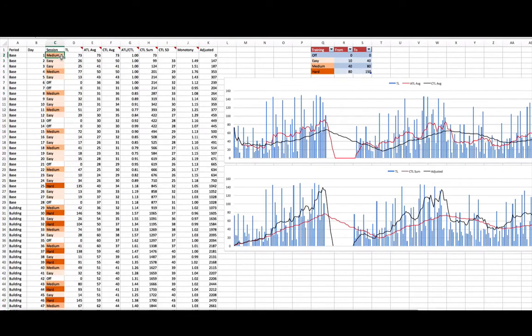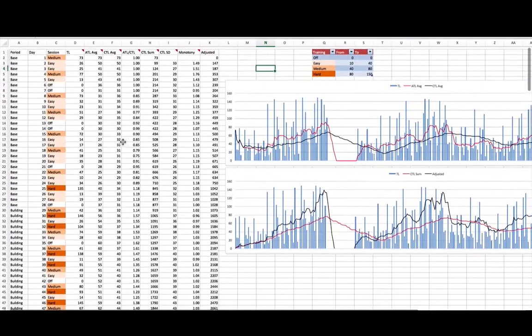For every type of session, Excel is randomizing between a minimum and maximum value, which we can pick up from this table. So easy is from 10 to 40, medium is 40 to 80, and hard is 80 to 150. You can play with this just to see how it works and how it affects the metrics.